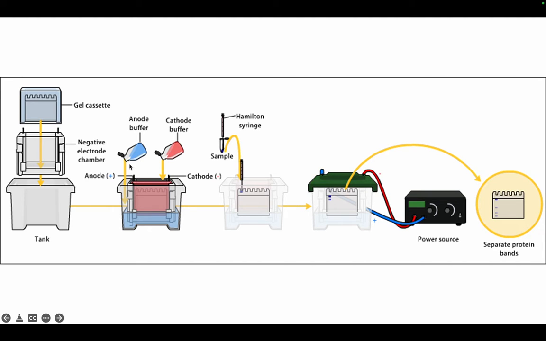Then when we run our sample, we add whatever buffer we want at the anode and whatever buffer we want in the cathode. We load our sample in the wells, and then we apply a gradient so the sample can move through the gel, and we can separate our sample.